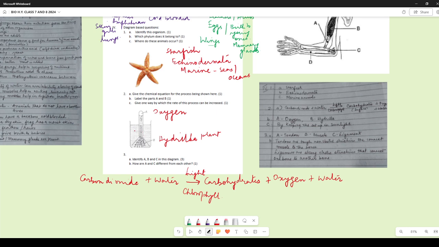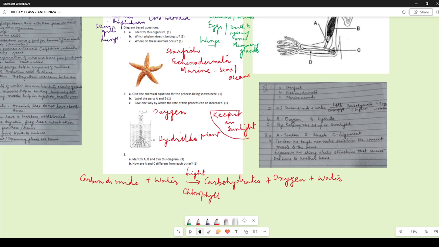Now, one thing that we can always do is take it outside and keep it in the sunlight. Keep it in a place where it gets direct sunlight. So you will see that these bubbles that are rising up, they will start to come out more rapidly.